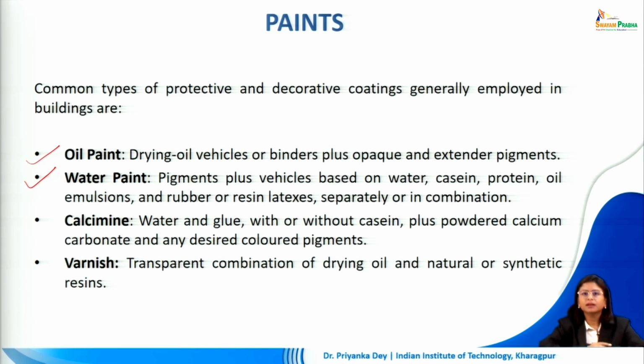Water paints are pigments plus vehicles which are based on water, casein, protein, oil emulsions and rubber or resin latexes separately or may be used even in a composition or a combination. Calcimine are water and glue with or without casein plus powdered calcium carbonate and any desired color pigment that we require.